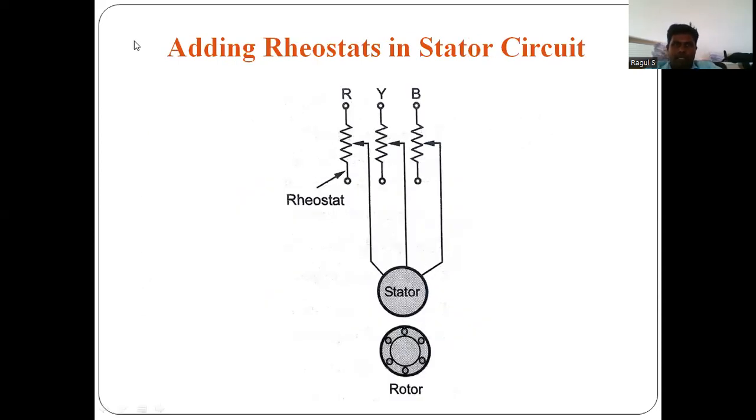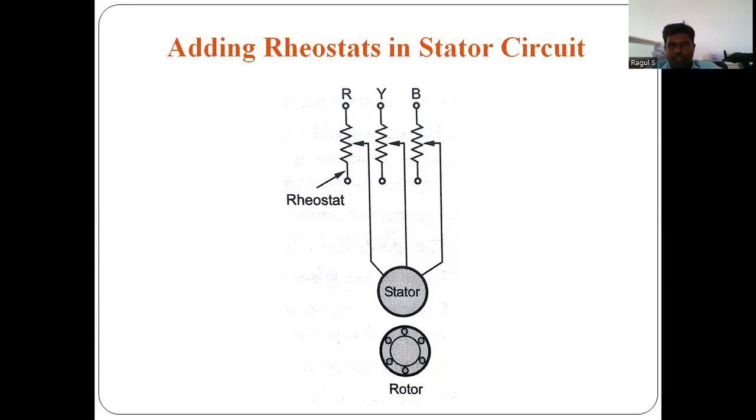The next one is adding a rheostat in the stator circuit. It is like a three-phase resistance starter, because the three-phase supply is not connected directly to the stator winding but through the rheostat. Each phase has a separate rheostat.